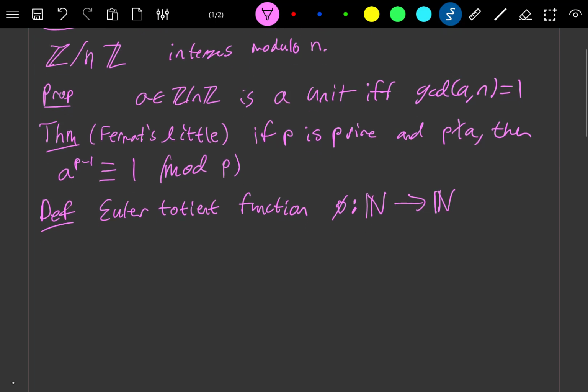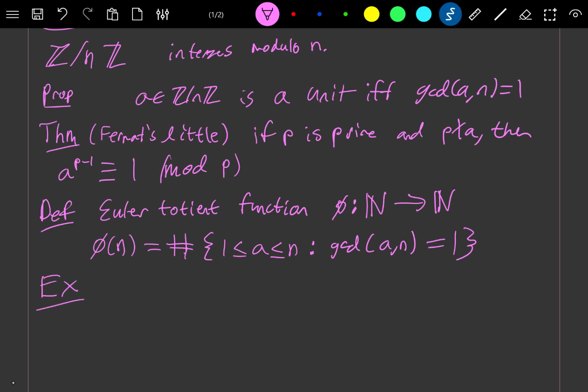It takes in positive integers and gives out positive integers, and phi of n is going to equal the size of the set of elements a between 1 and n such that the GCD of a and n is equal to 1.